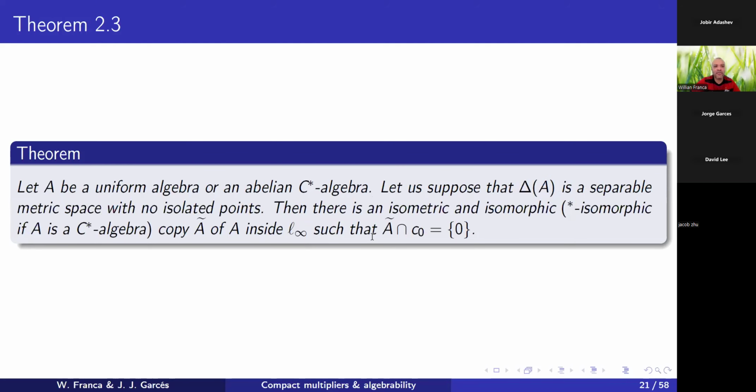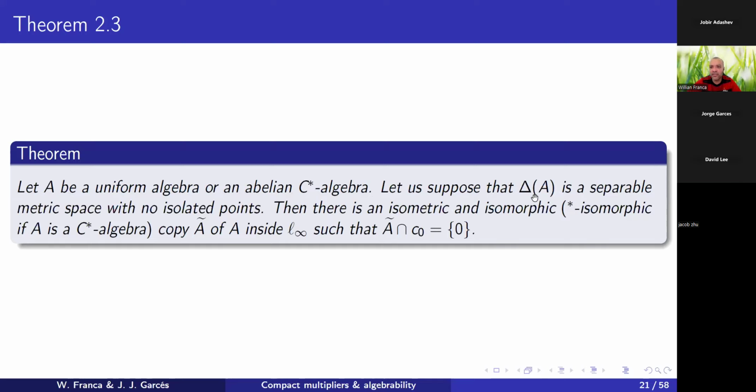Now, using this basic setting, we are able to prove the following theorem. If you have a uniform algebra on an abelian C-star algebra, maybe I didn't mention, but every C-star algebra is semi-simple. So in this case, we're assuming they are also abelian, but every C-star algebra is semi-simple.